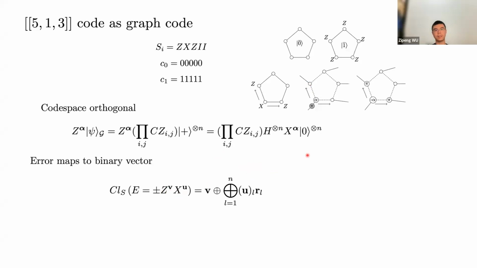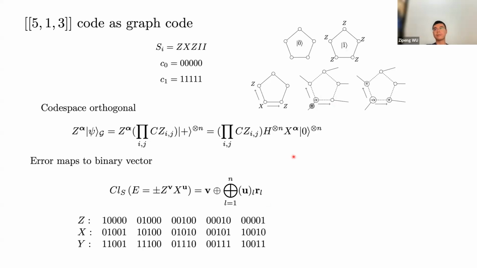This kind of error can be handled by iteratively applying the same procedure. Suppose an error is acting on this, we apply the Pauli X transformation, and the resulting error will always be a Pauli Z error. And the bit string of this Pauli Z error can be defined by this equation.